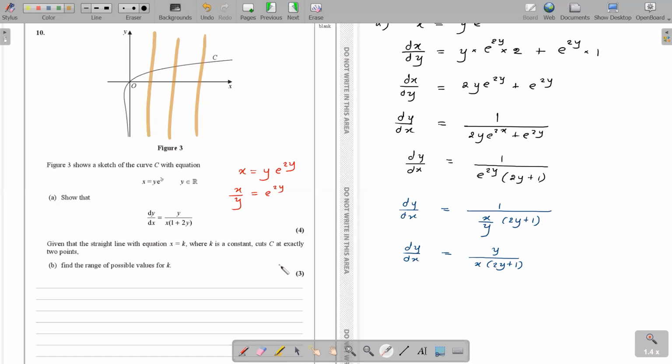They are asking you to find the range of possible values of k, given that the straight line cuts the curve at exactly 2 points. So where do we cut at exactly 2 points? I think you can see at this place over here. You can see we cut at 2 points, right? So they want you to find the range of x values where the graph cuts at 2 places. Are you with me?